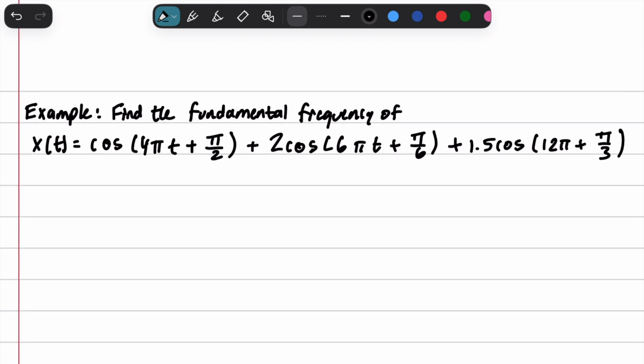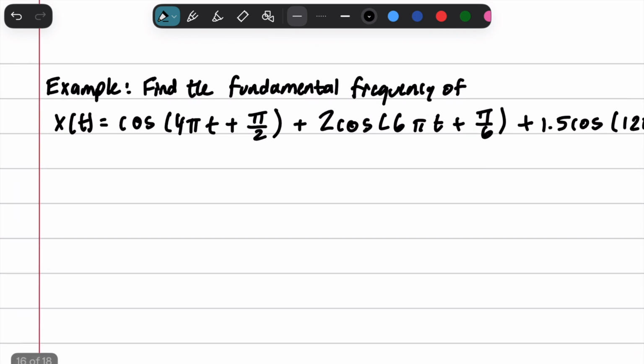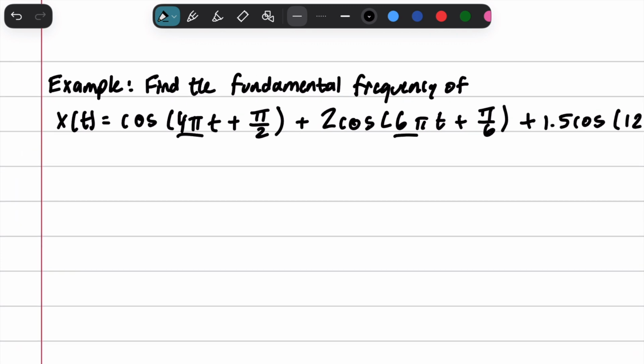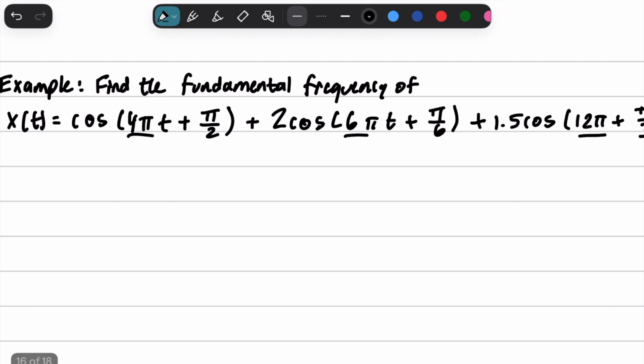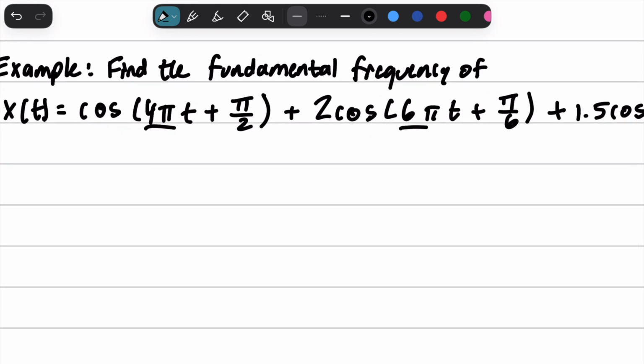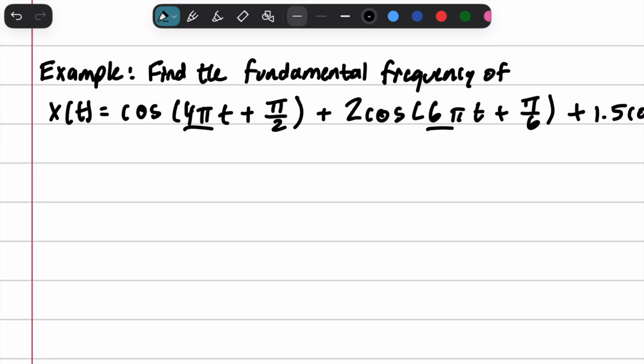So in our example, we're given this addition of cosines, and we want to find the fundamental frequency, and we're going to go ahead and find the fundamental period as well. So you can simply take these radial frequencies and put them into a greatest common divisor, but I'm going to turn them into hertz.